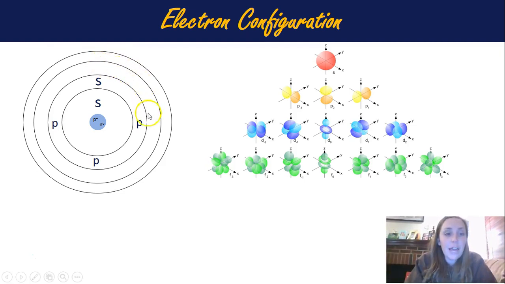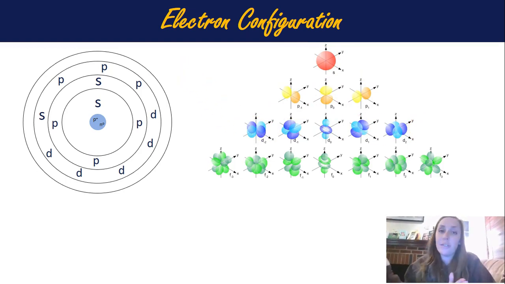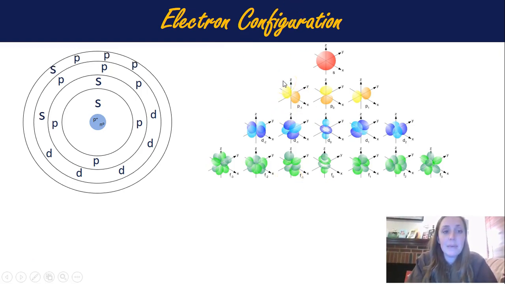All right, in the third energy level, you're going to have an S, P, P, P, and you also have 5 D options, D, D, D, D, D. In the fourth energy level, and for any energy level thereon, you would have all four options: S, P, P, P, D, D, D, D, D, and F, F, F, F, F, F, F. So those are all the orbitals in the first four energy levels.